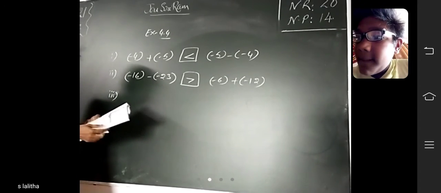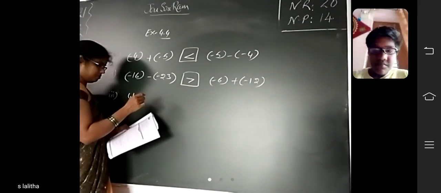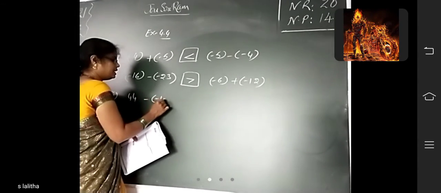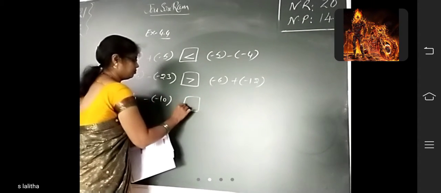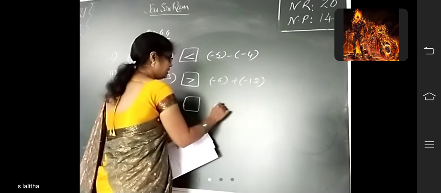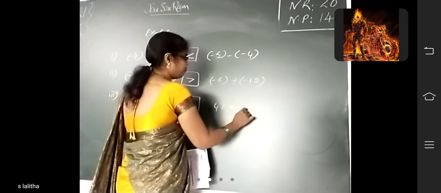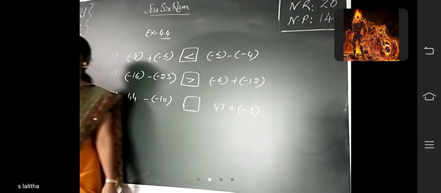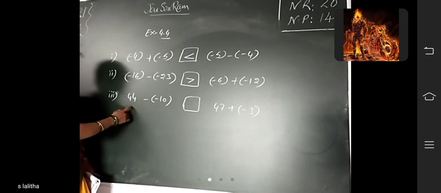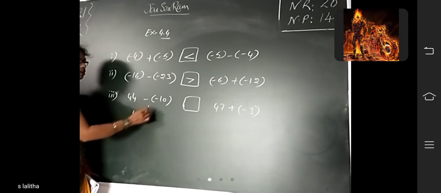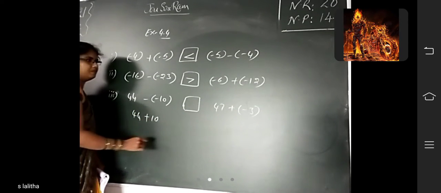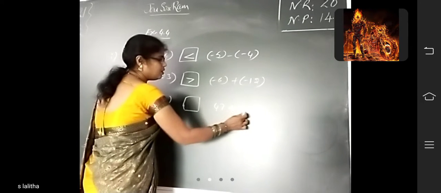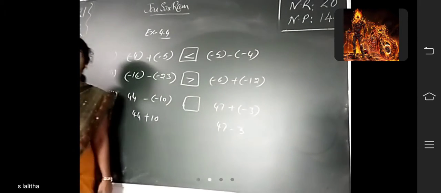Next, third one. 44 minus of -10, and 47 plus of -3. 44 minus of minus plus 10. 47 plus of -3. Okay.